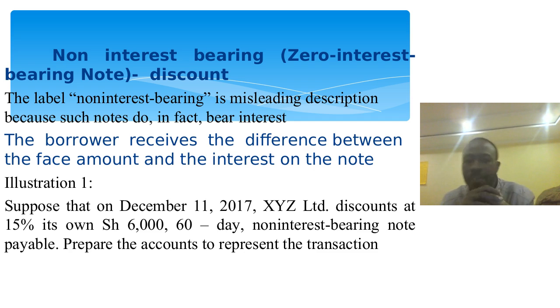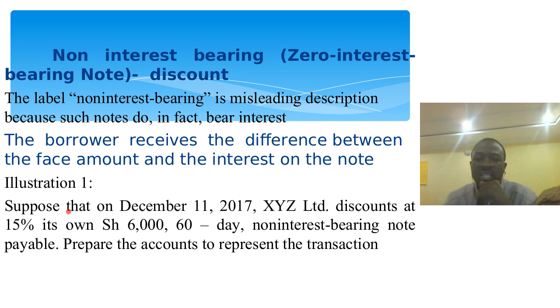What is always done is that there is always a discount on the notes. That's why we refer to them as zero interest. You are given a note and then you're also given a discount.